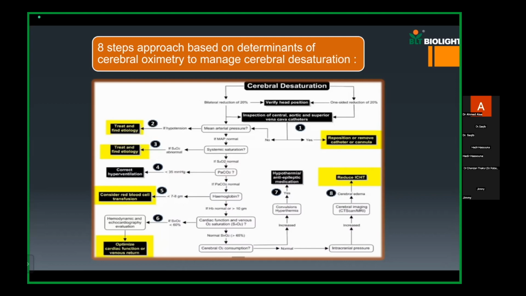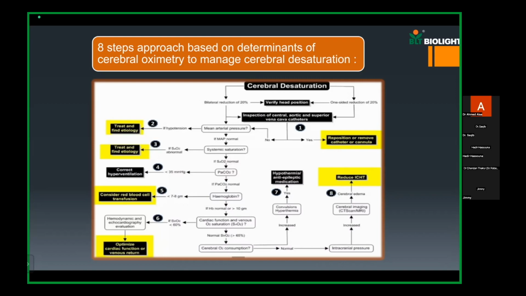If it's normal, fifth step, we check hemoglobin; with anemia, consider red blood cell transfusion. With normal hemoglobin, sixth step, we come to the cardiac function and the venous oxygen saturation. If it's below 60%, we do hemodynamic and echocardiography evaluation to optimize cardiac condition.